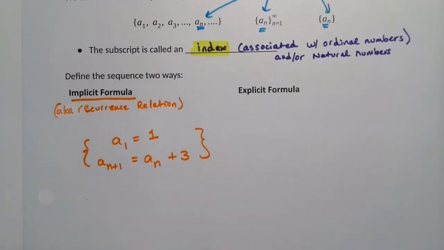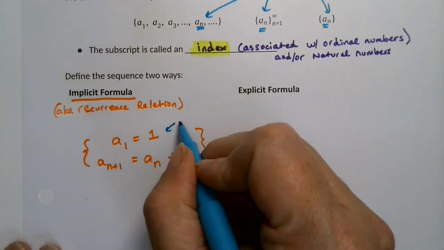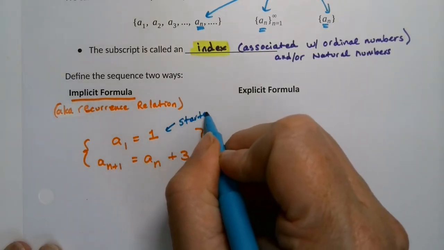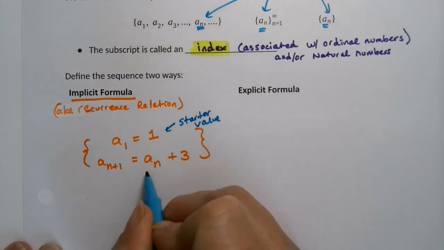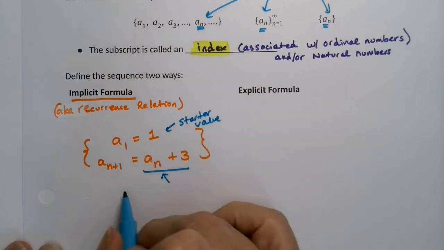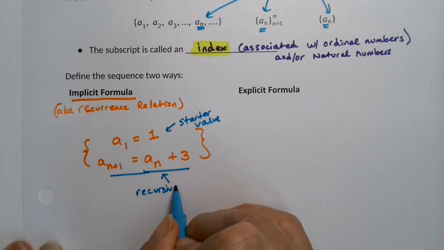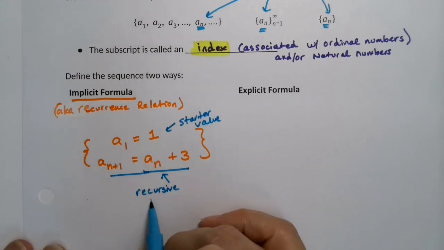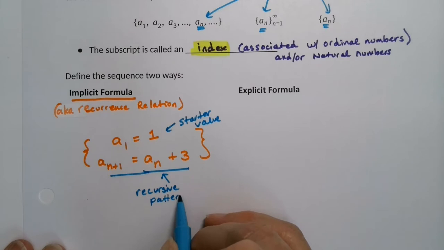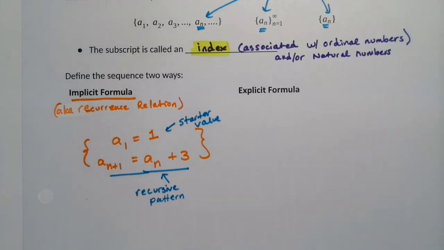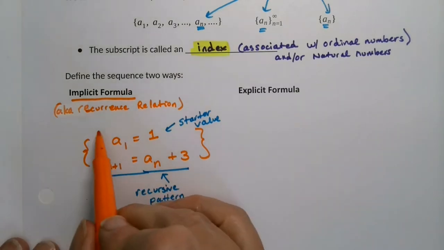So I have my starter right here. So that's your starter value. And down here, I've defined my recursive pattern, or recurring pattern, if you will. That's how an implicit formula, excuse me, works.